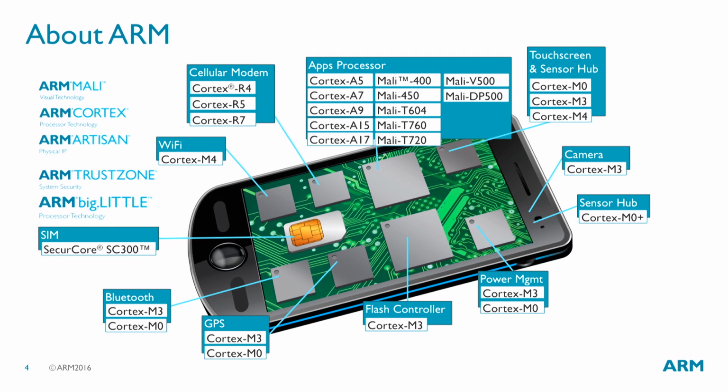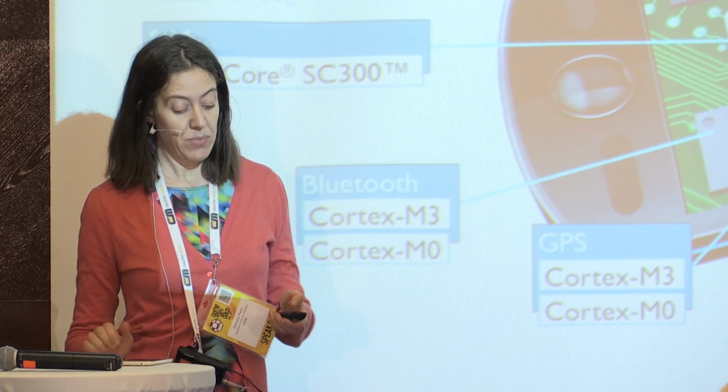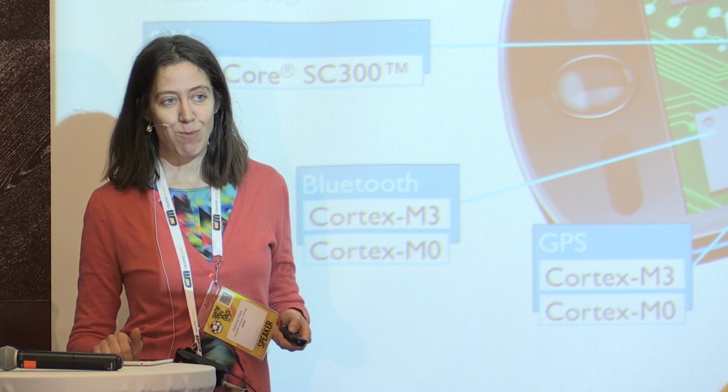However, ARM technology is not only in the apps processor. You have a lot of ARM IP around the phone. So all of these little bits and pieces around are also ARM technology. All these microcontrollers that run the Bluetooth protocol stack, for instance, the Wi-Fi controller, GPS, etc. So there's ARM IP very abundant in any mobile device.